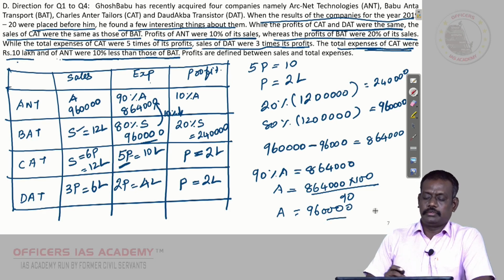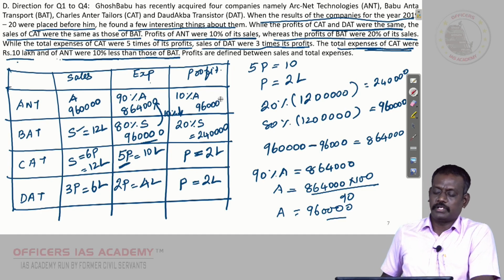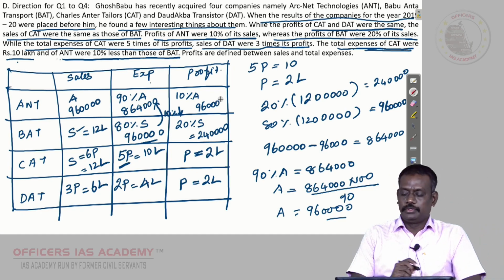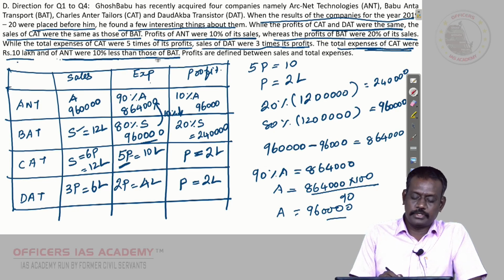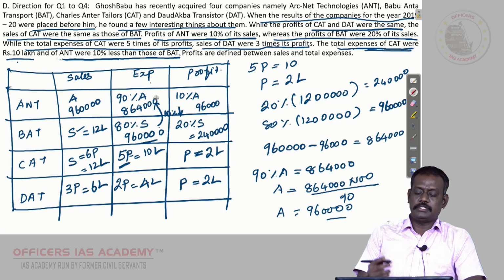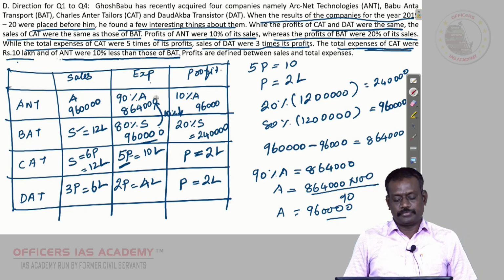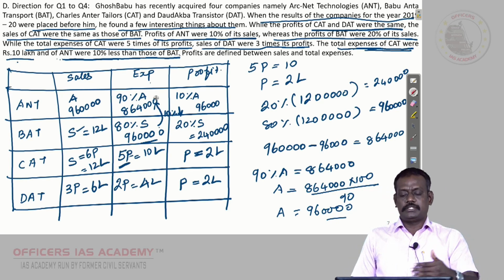So in this 9,60,000, if it is 8,64,000, you will get 96,000. That will be the profit. So the total expenses of the cat were 10 lakh, and those of ant were 10% less than those of bat. So 10% less than bat is the expenses of A. So 9,60,000 minus 96,000 will be 8,64,000.